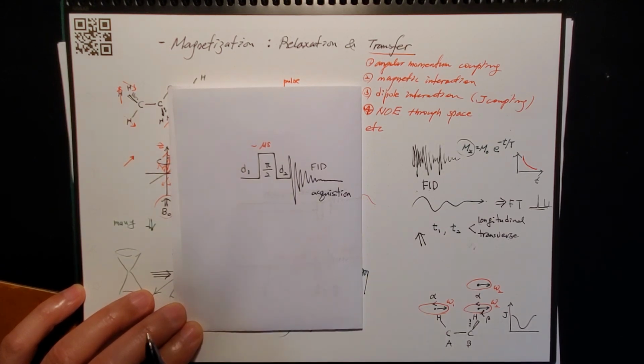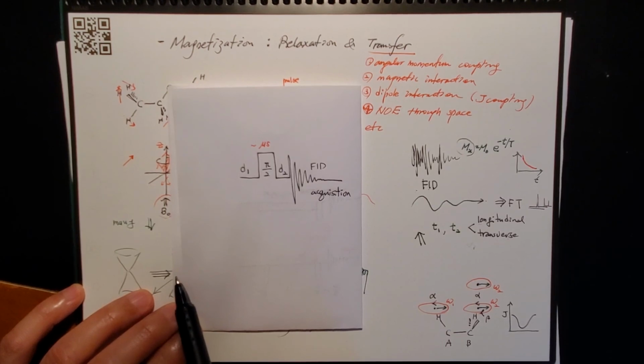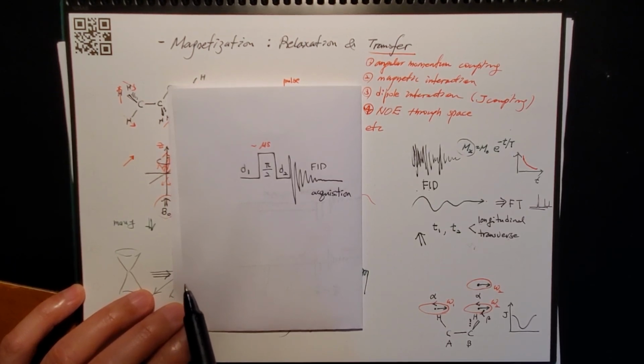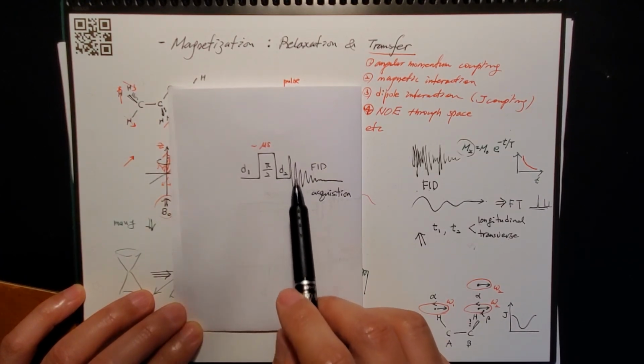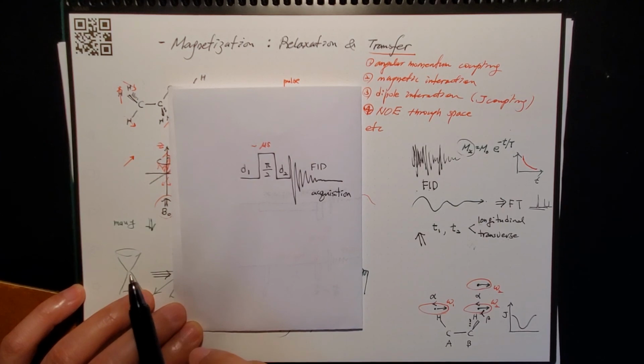Then you wait a certain time, have them get ready to relax, or to get the maximum intensity of the detection. And then you see how the magnetization decays through the relaxation of the two different mechanisms, and you get the FID.